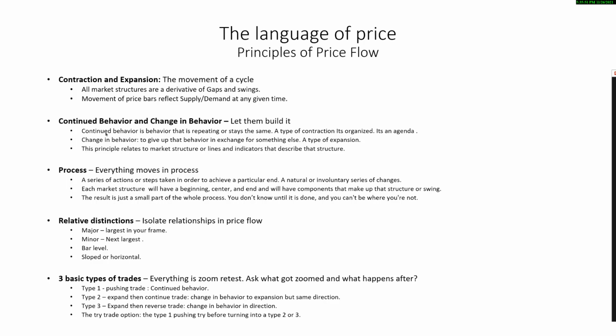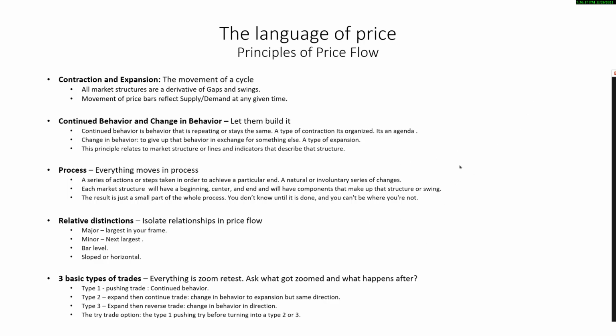So, continued behavior is just when the market is doing something over and over. It stays the same. It's organized. It's an agenda. So, for instance, the market might be moving in same size swings, and that's a lot of good information. And then you know when that changes. You know when that behavior is over.